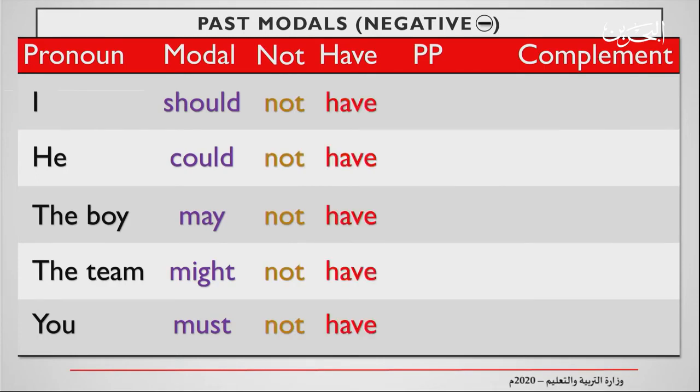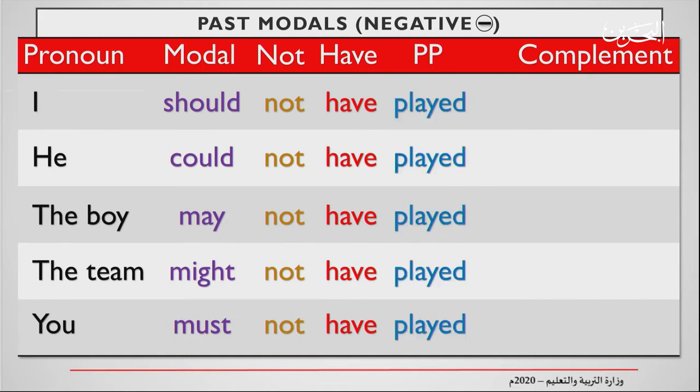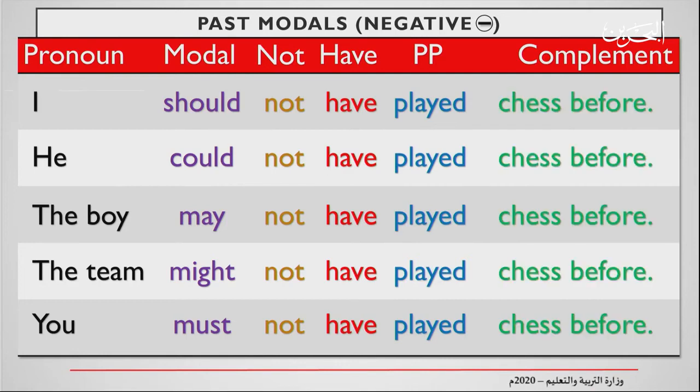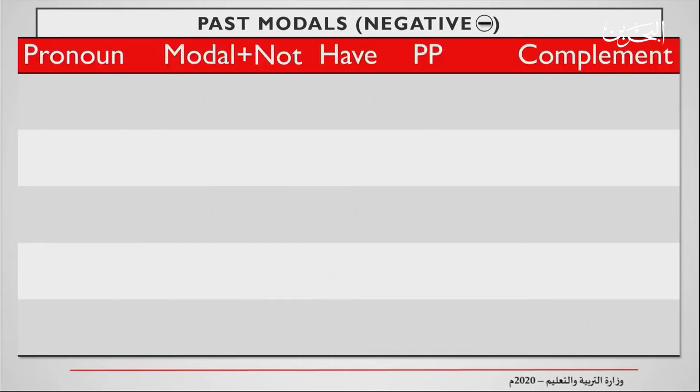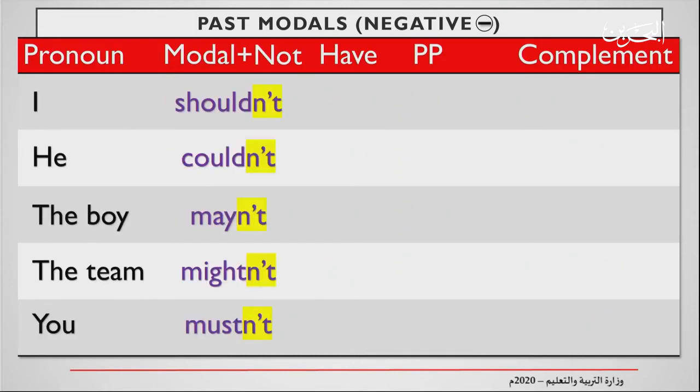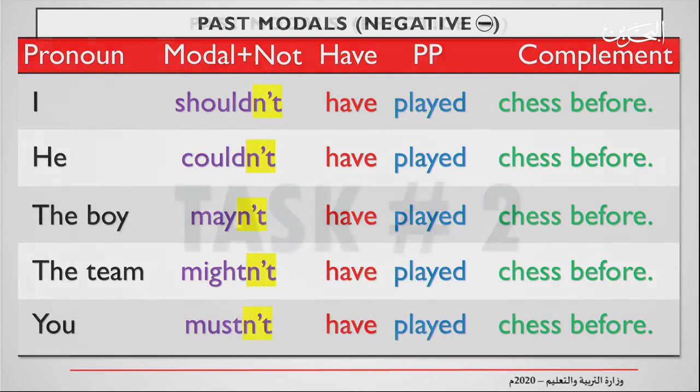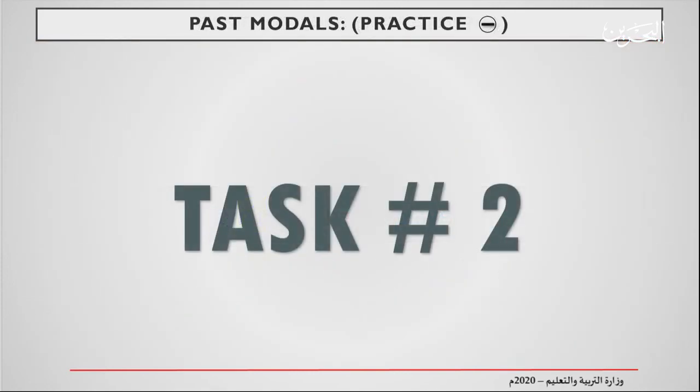So we have the word have, and then past participle played, chess before. But we also can abbreviate could and not, may and not, modal and not, just like this. Shouldn't, couldn't, mayn't, mightn't, mustn't. Then we add have and past participle, then complement.